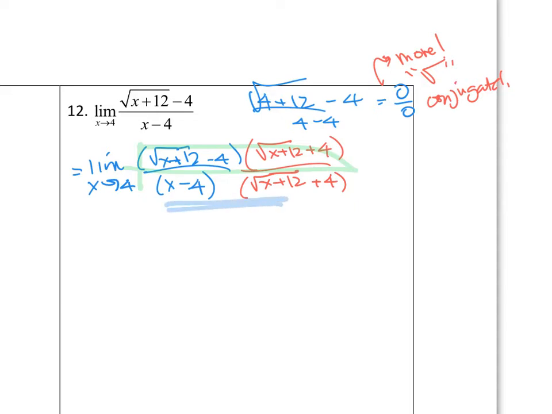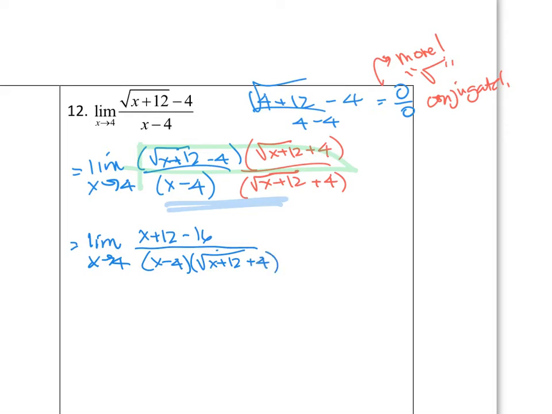So when we do FOIL in the numerator, we end up getting, let's write this out, as it's heading to 4, we end up having x plus 12 minus 16 over x minus 4 times the square root of x plus 12 plus 4.